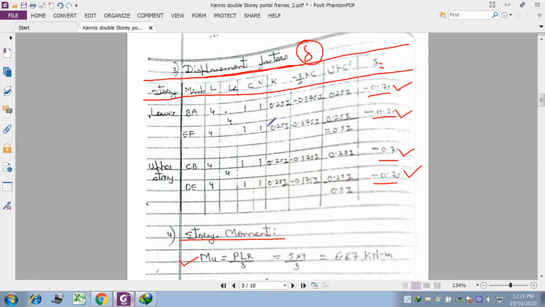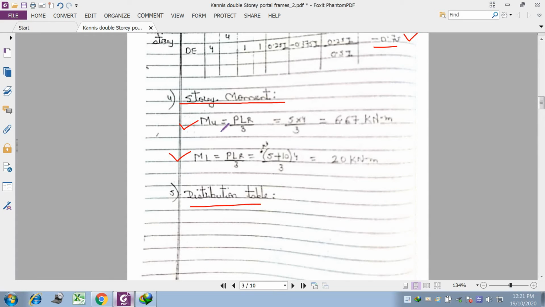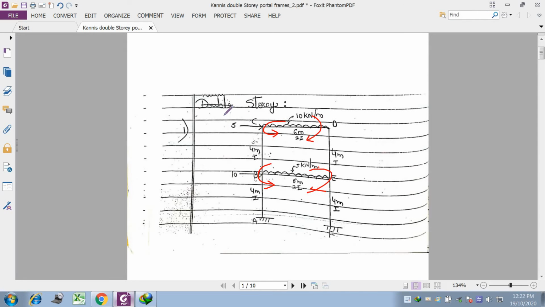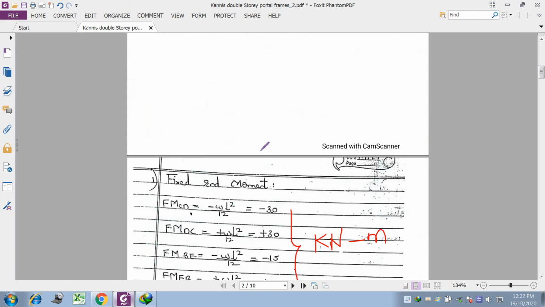Then the most important part is the story moment. Here there are two stories, so we have to calculate the moment at the respective story. First we will consider the upper story, MU. U represents the upper part, M is the moment. The formula is PLR by 3. P is 5. Where does 5 come from? This 5 is there at the top story as a horizontal load, so we consider 5 kilonewton.